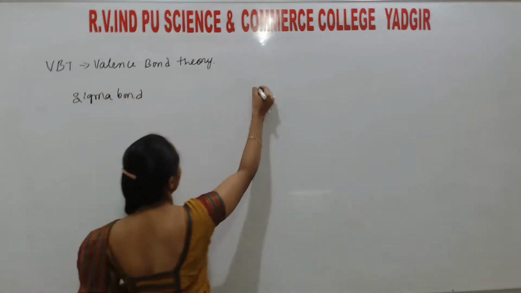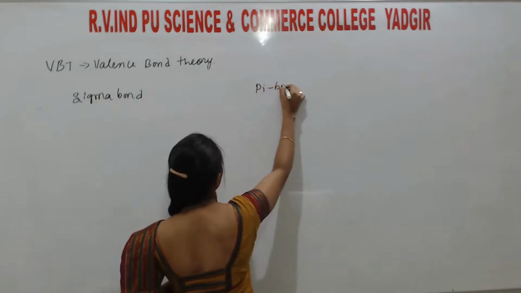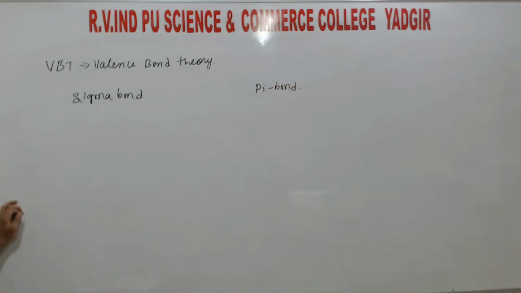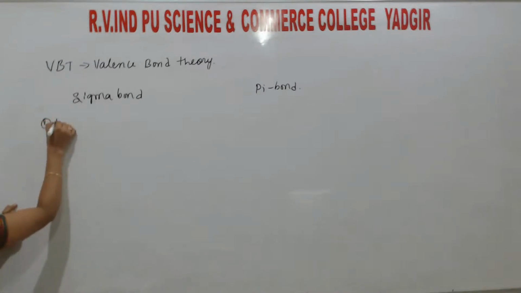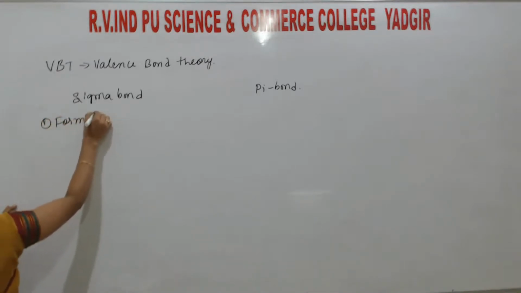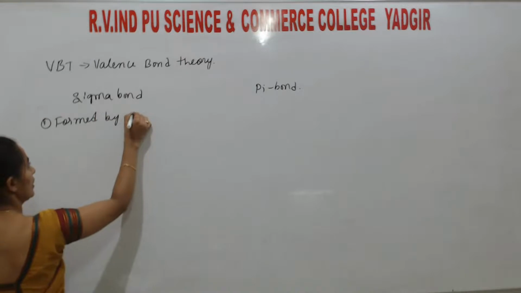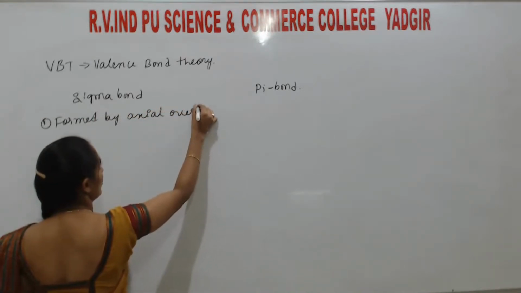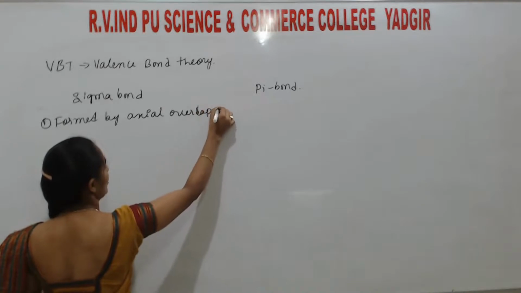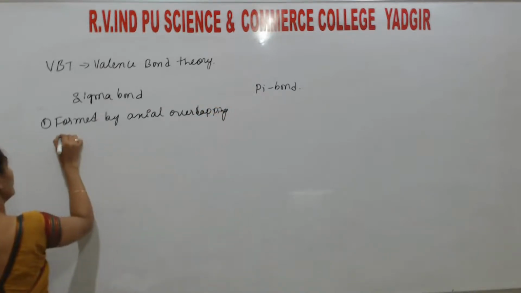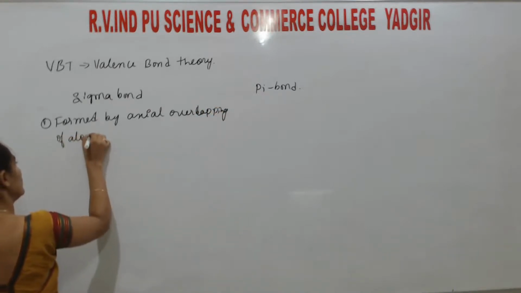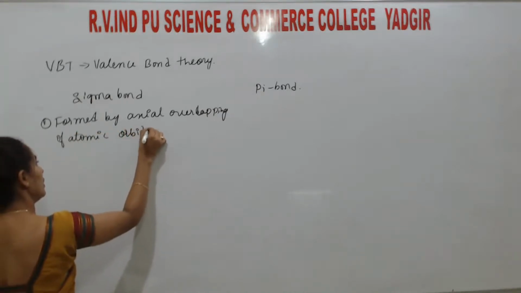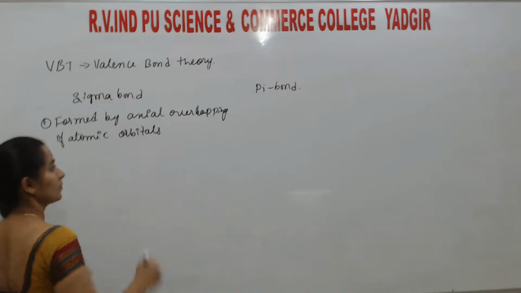So students, the first one: the sigma bond is formed by axial overlapping of atomic orbitals.